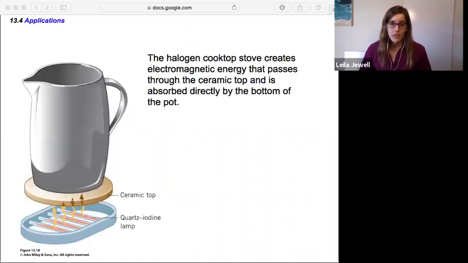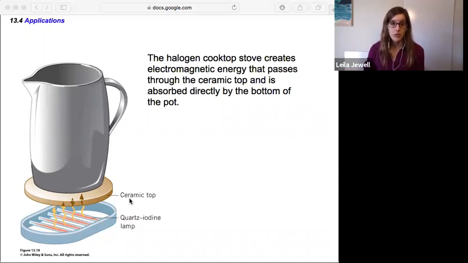Another cool application is a halogen cooktop stove, which is a very different one. It's not like your standard hot burner or a gas burner. It creates electromagnetic energy in the infrared range. And so then that energy passes directly to the bottom of the pot, which is really cool. It doesn't feel hot to the touch on top.